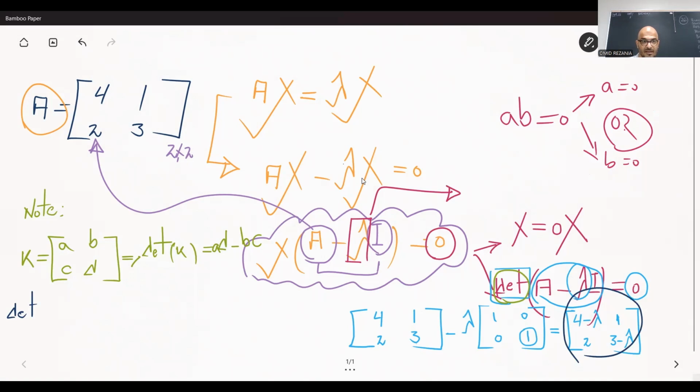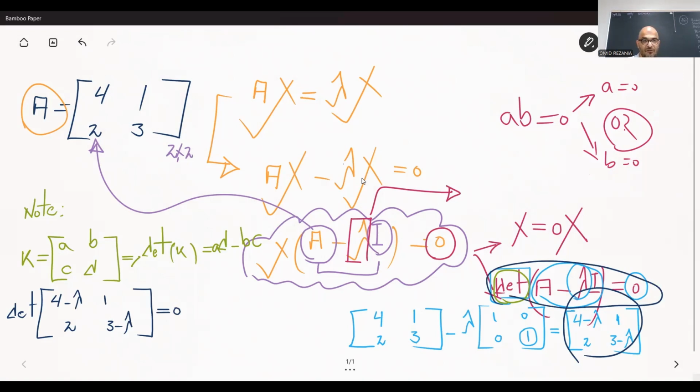I need to find the determinant of 4 minus lambda, 1, 2, and 3 minus lambda. And when I find the determinant, it has to be equal to 0. This is why everything comes from this equation, which we call the characteristic equation.